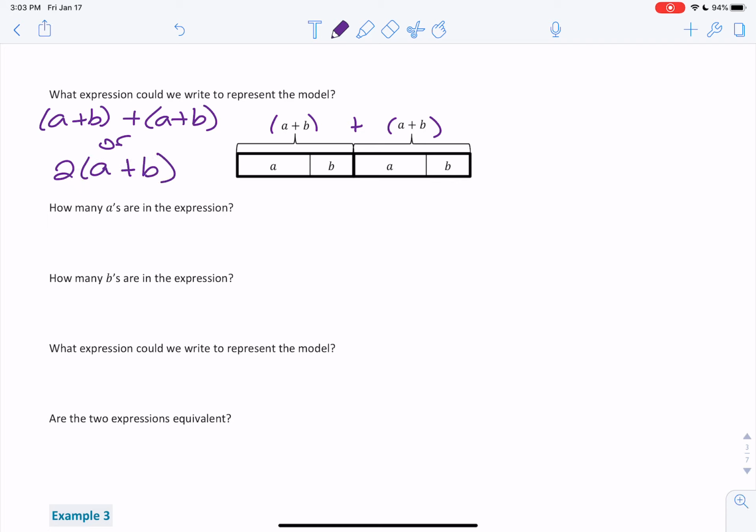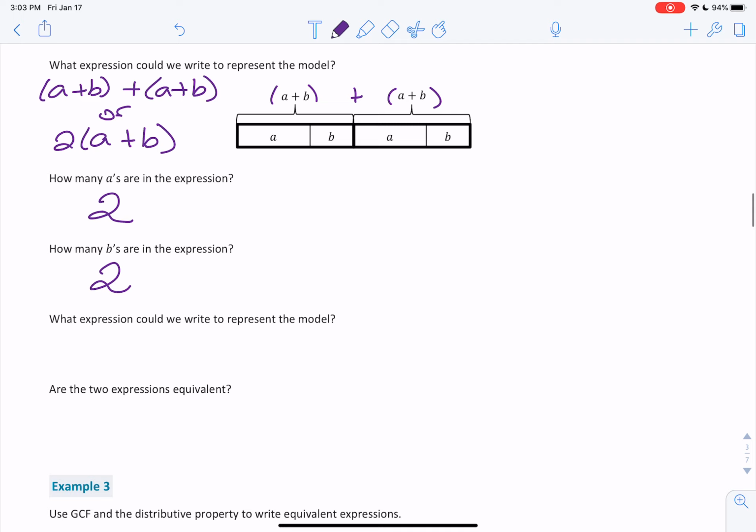There's 2 of them, so 2A, 2B, so we could factor out that 2 and make it 2 times A plus B. How many A's are in the expression? 2. How many B's? 2. What expression could we write to represent the model? We could write the expression 2A plus 2B. Are the two expressions equivalent?